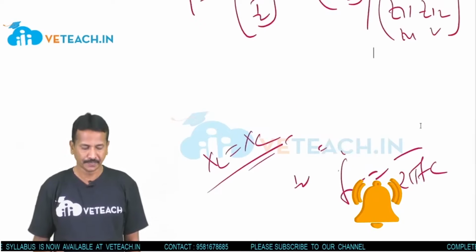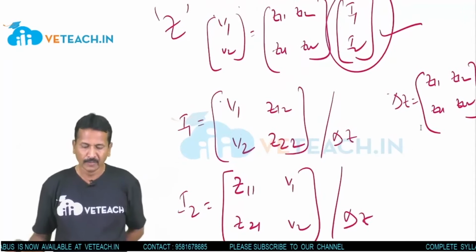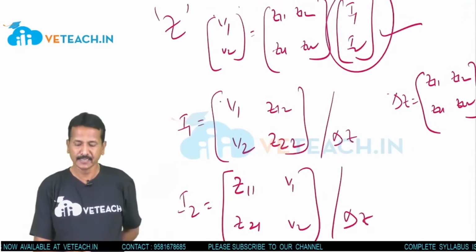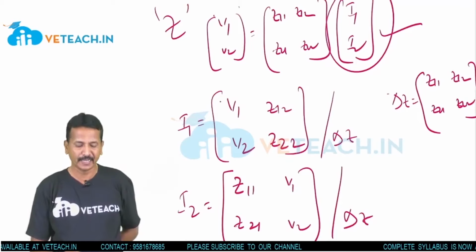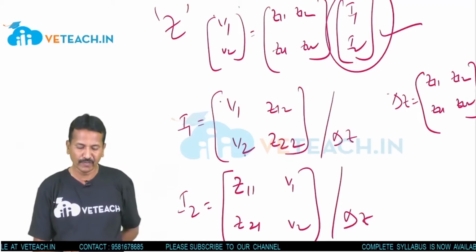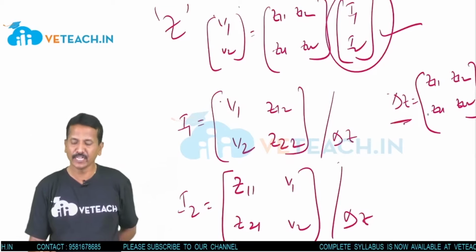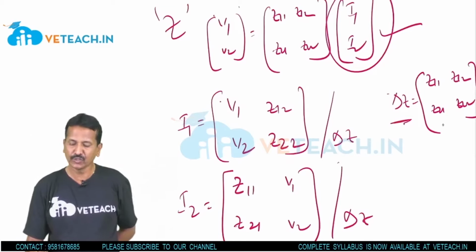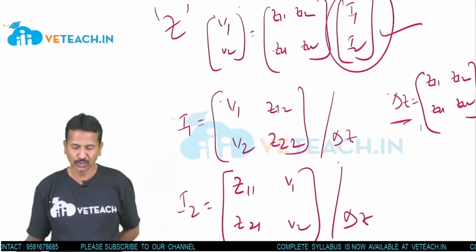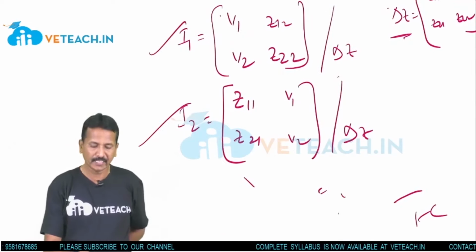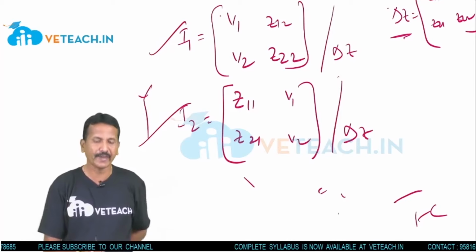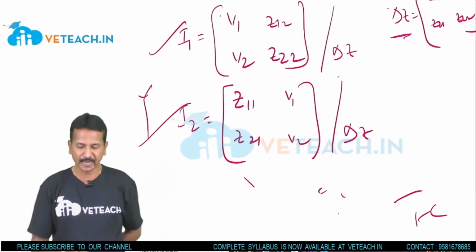So Z parameters in terms of Y parameters: I1 is equal to V1, V2 by Z12, Z22 by delta Z, where delta is the determinant value in terms of Z11, Z12, Z21 and Z22. Same for I1 and I2. This is Y parameters; previously it was Z parameters.